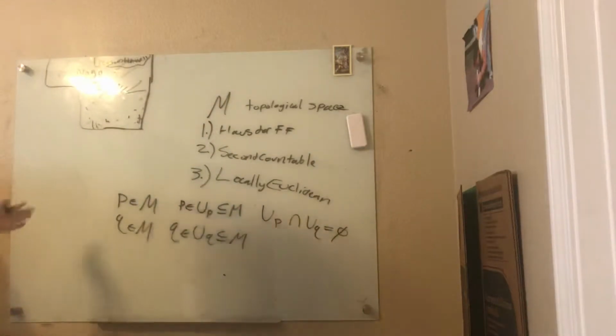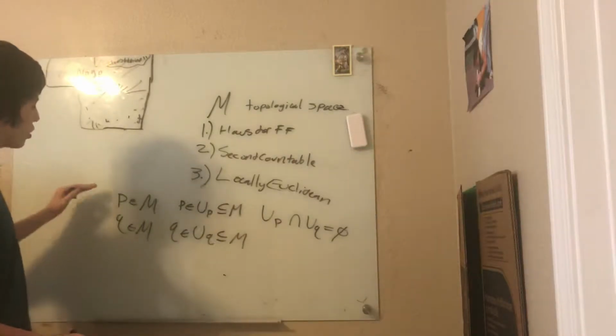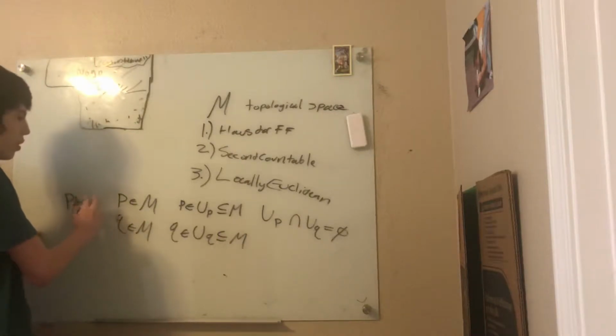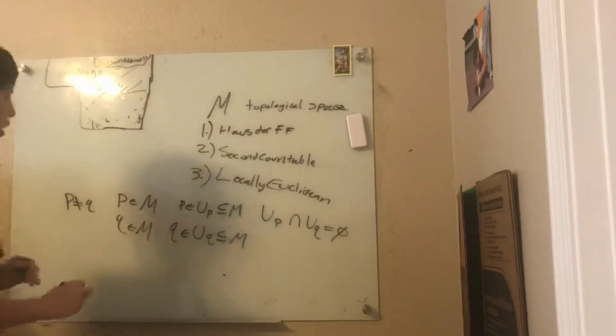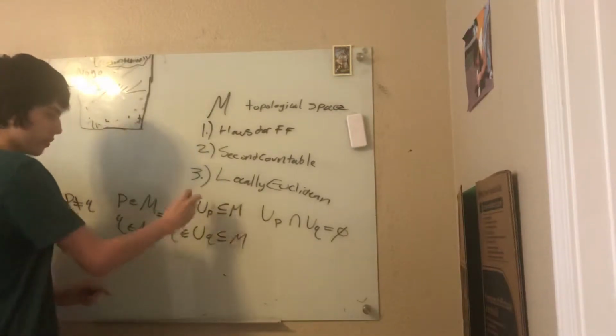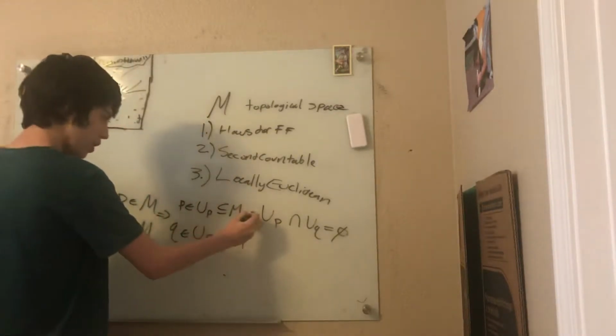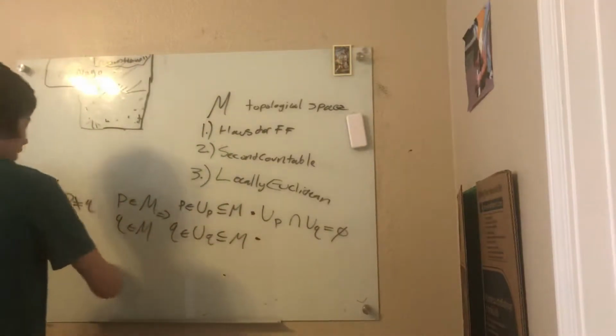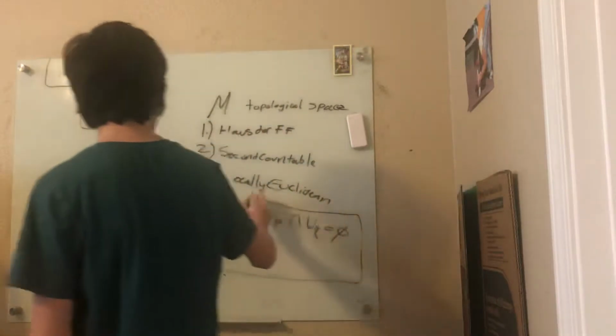So that's what a Hausdorff space is. If there are two distinct points, P is not equal to Q, this implies that there exist these two neighborhoods such that they are disjoint.